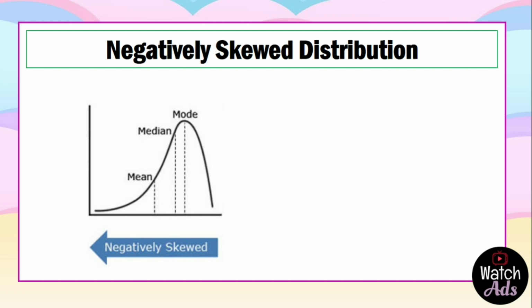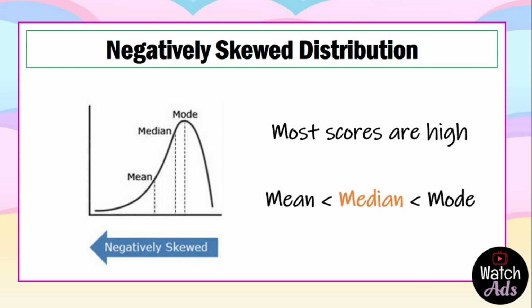That is our mode. Then our median is in the middle, and our mean is located somewhere toward the left. Which means most scores are high and the mean is less than the median is less than the mode. For a negatively skewed distribution, we use the median.